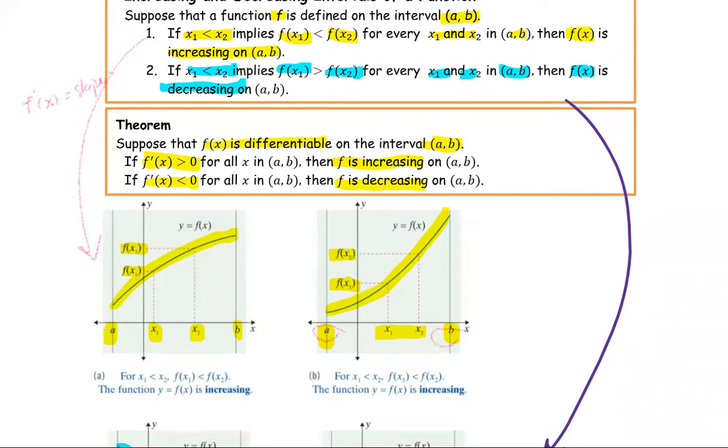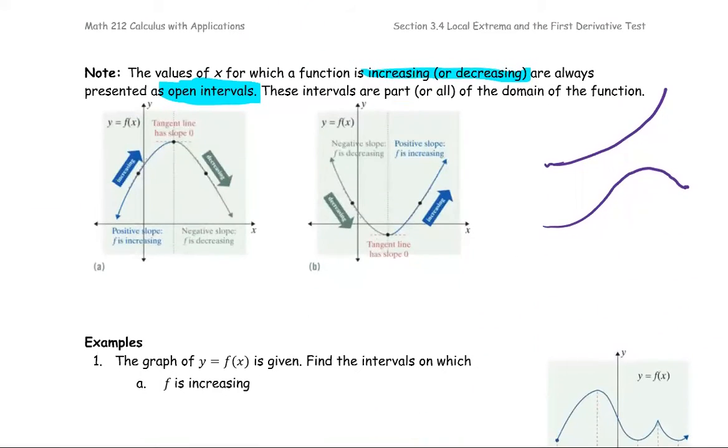If the slope is positive, the graph is rising, so the graph is increasing. For the derivative or the slope less than zero, the graph is falling, so the function is decreasing. So that is the connection, or the relation, of the derivative and the behavior of the graph. As in the picture that you see over here, for the left graph, at one point the graph stops increasing and then becomes decreasing.